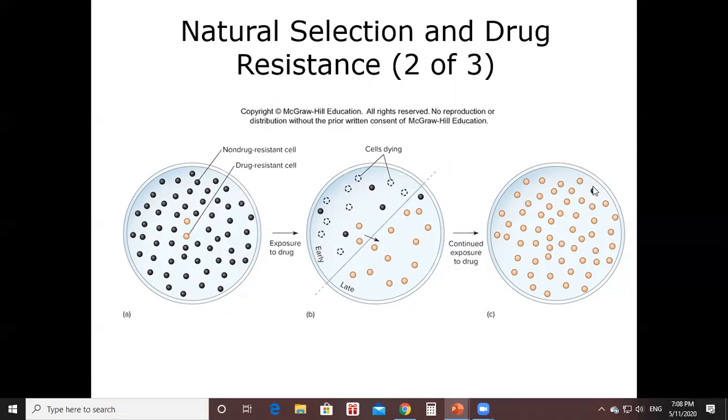And when there's fewer and fewer of these, the ones that are sensitive to the drug, then the ones that are resistant will take over. And so they become very prevalent. And so eventually you get to the place where all you have left are resistant bacteria.